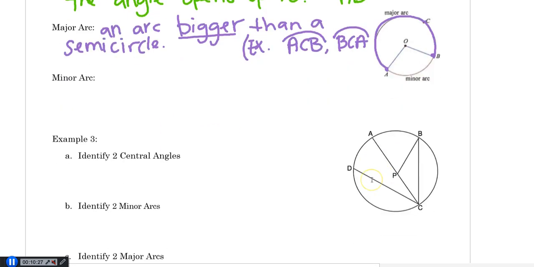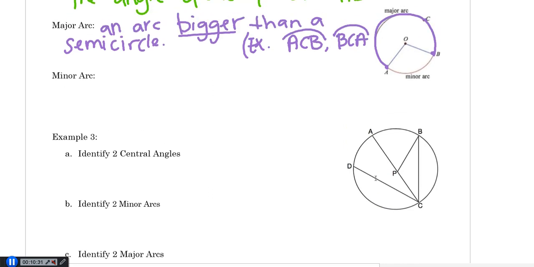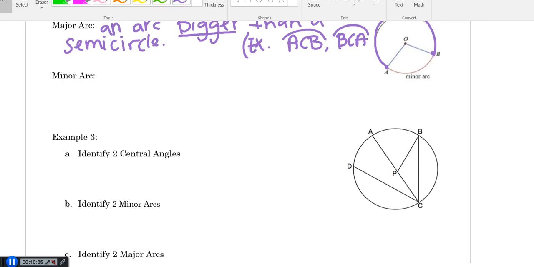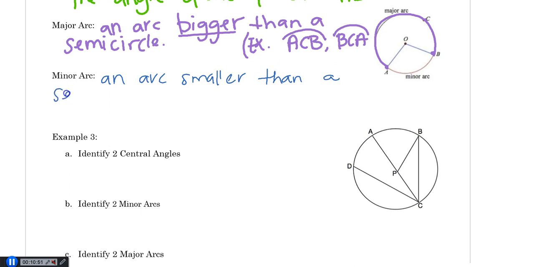All right, our minor arc is going to be still part of the circle, right? It's going to be on the outline of our circle. It's just going to be smaller than a semicircle. So this is an arc smaller than a semicircle.